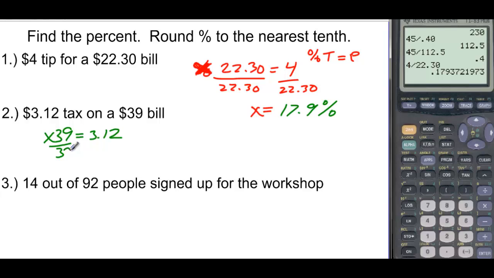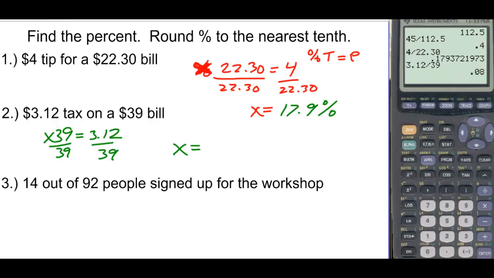So again, divided by 39, both sides, and x is equal to 3.12 divided by 39. So we're going to have 8% tax. So notice again, I see that 0.08, move it 2 decimal places, and 8%.